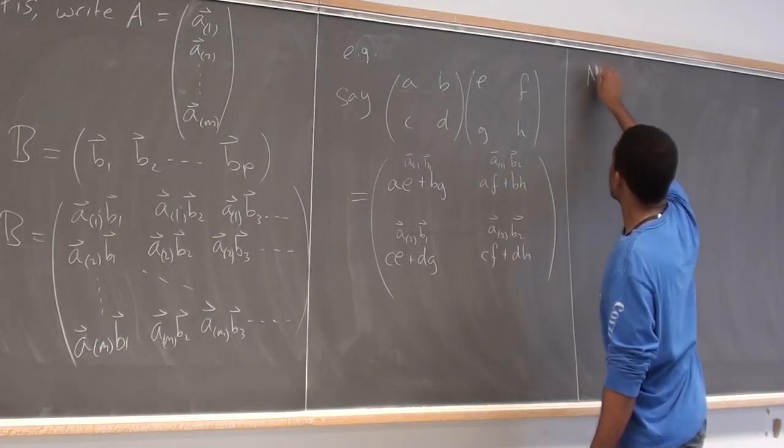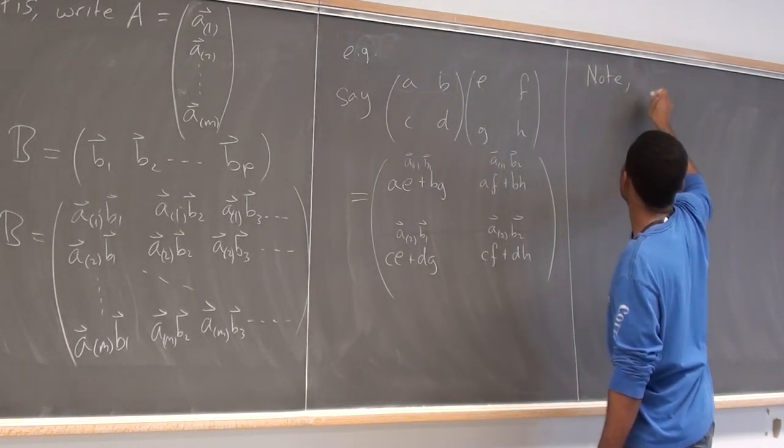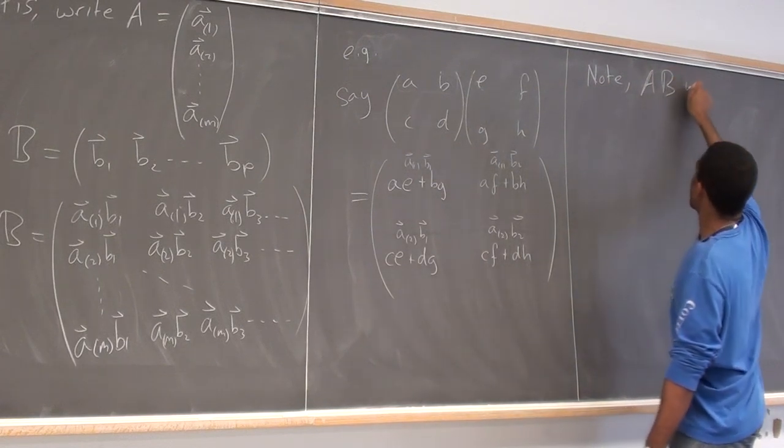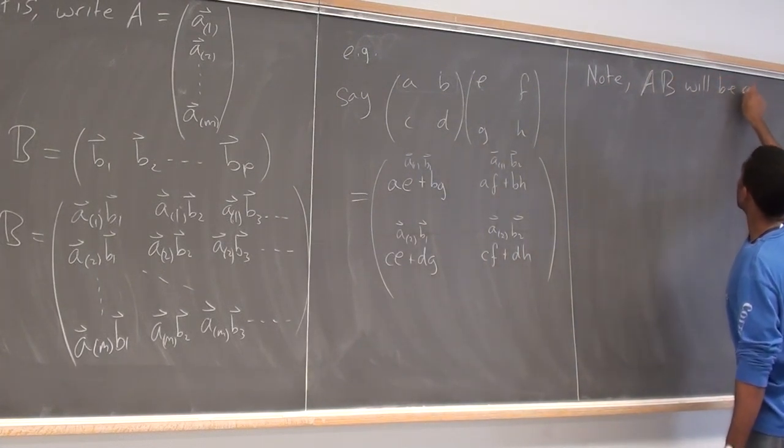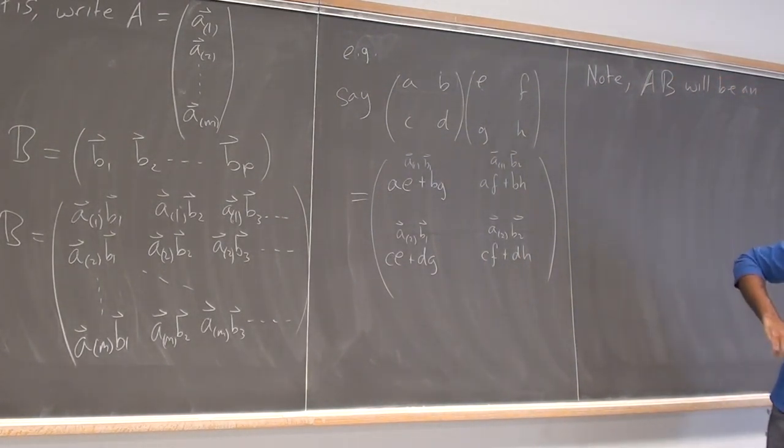And so, note, AB will be an M by P matrix.